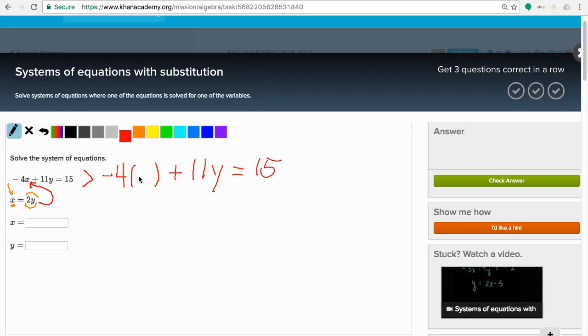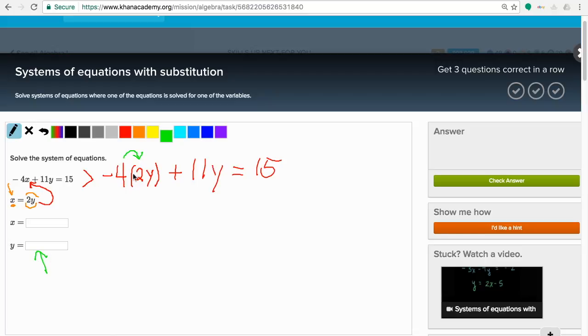We're going to leave that x out, and put 2y in there, so that we've got a new equation with nothing but y's in it. So guess what we're about to do now? We are going to simply use the tricks that we know with distribution and combining like terms, and solve this equation down and get a value for just y.